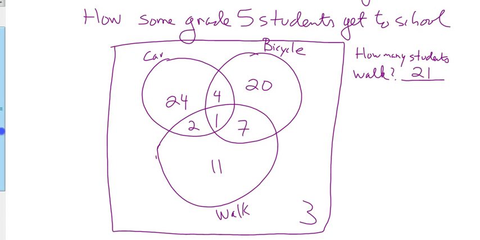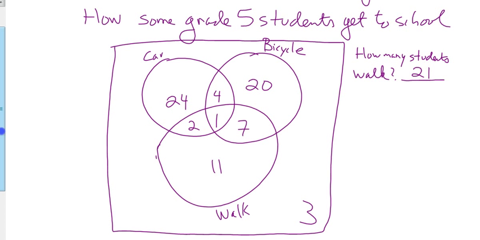How do you get counted as walking? On the diagram, what makes you be counted as walking? Being in the walk circle. Yeah, being anywhere in the walk circle. So whether it's overlapping or not, if you are in the circle walk, it means you walk, right?